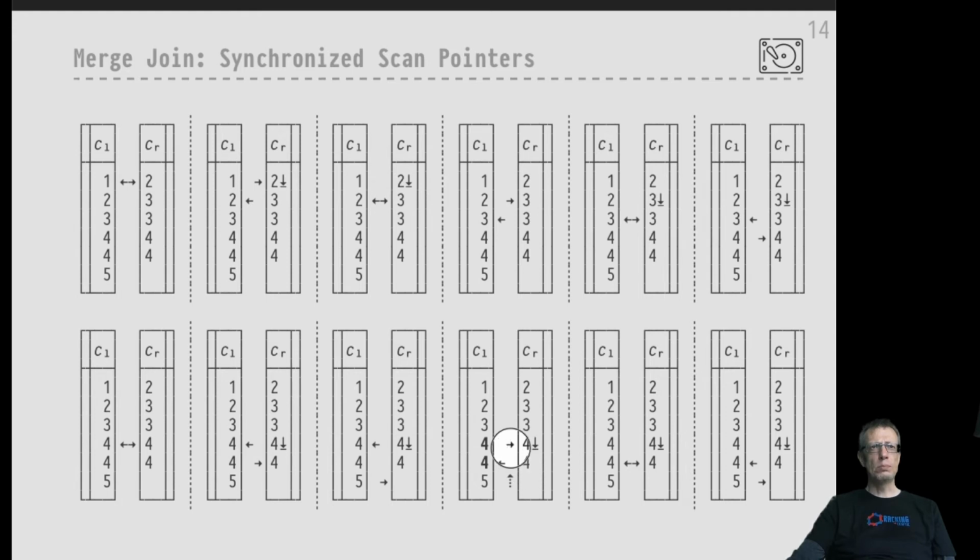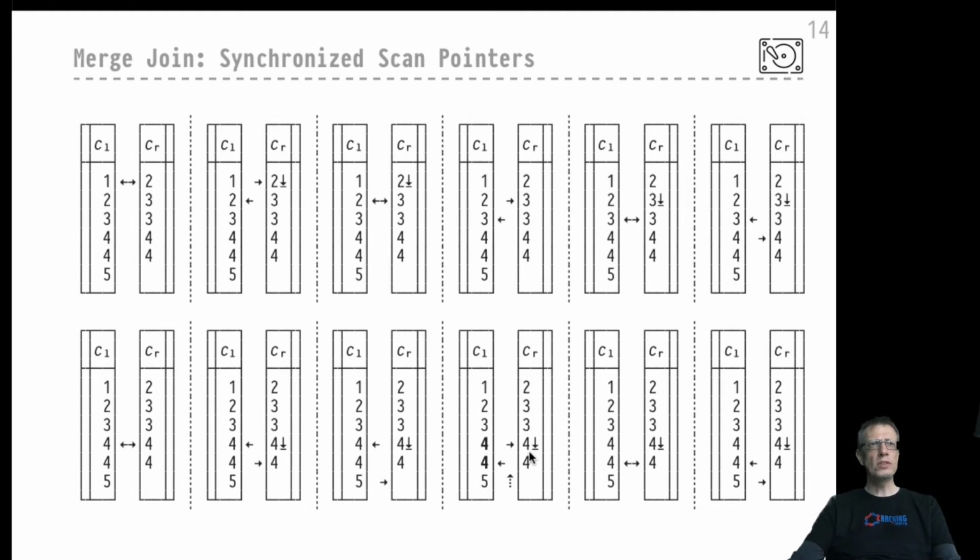Of course, both of these rows with a 4 in the left-hand side column have to join with all the 4s on the right-hand side. And the reset and the rescan, this local rescanning, ensures that the semantics of the join are being maintained. So this is the idea of the synchronized pointer movement in merge join.